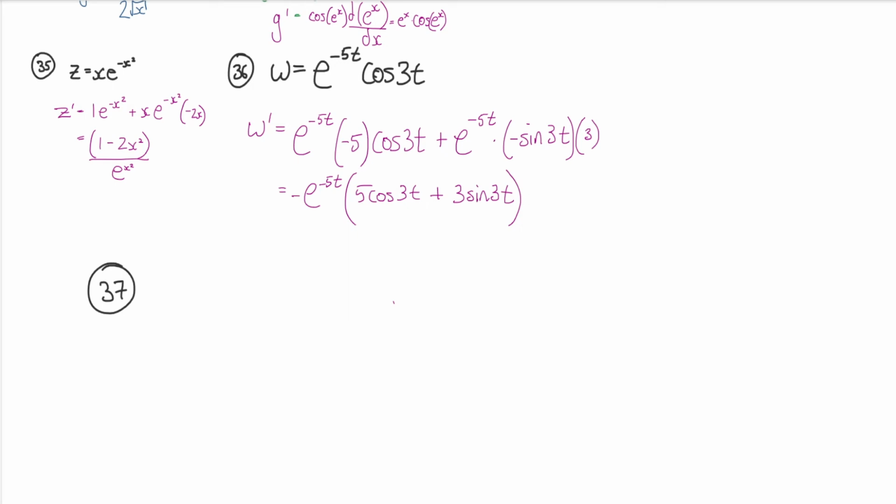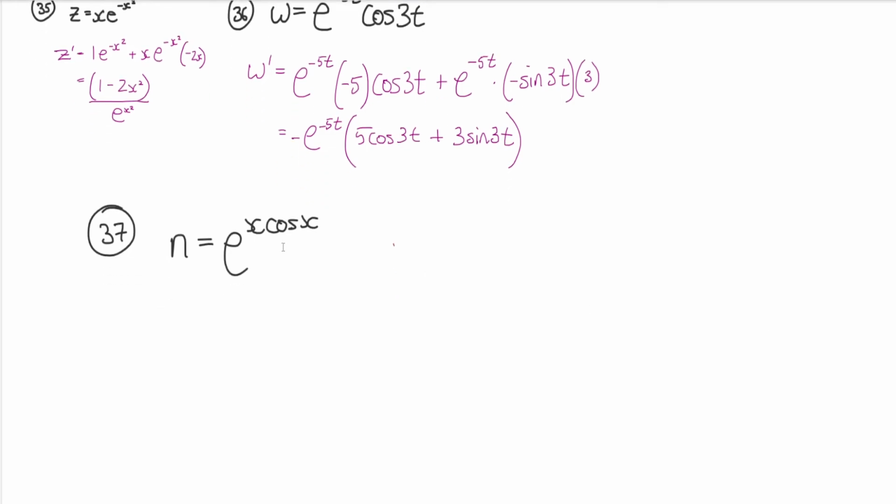Okay, what should we go for? Let's go for an N. So that cos x is in the exponent here, right? So we're going to have to do e to the, oh, let's not do it in black. Let's do it in another color. So n prime, the first thing we're going to do is just itself, but then the derivative of the function in the exponent, right?